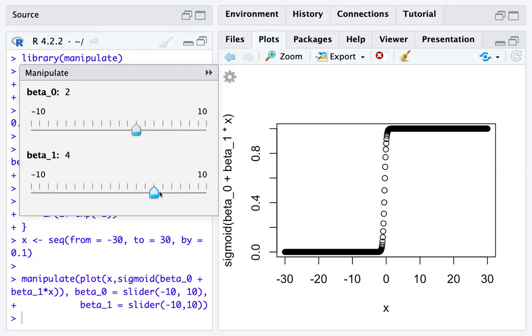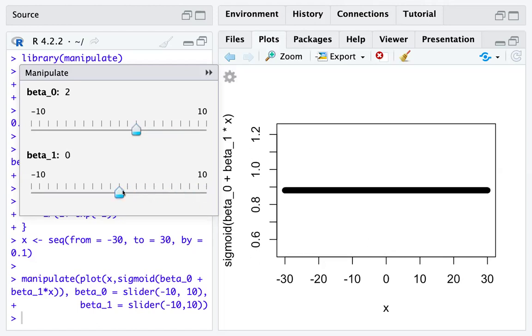Instead, beta 1 makes the transition between 0 and 1 sharper and sharper. You see, if I take beta 1 equal to 10, it will be almost a vertical line between 0 and 1. And if I take it smaller, it will be less sharp.